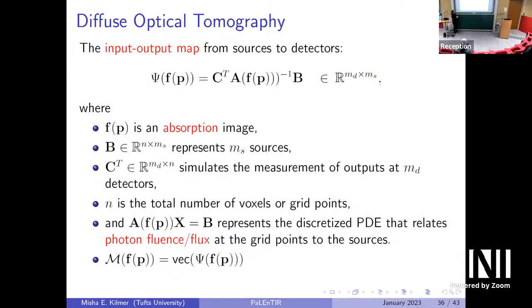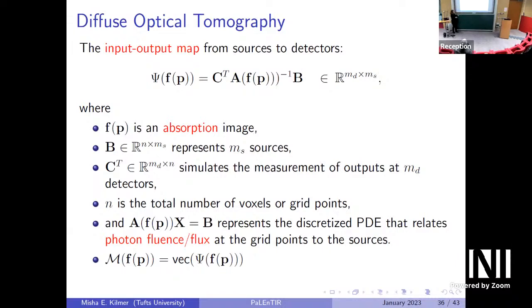So here, the way that we collect data is through this input-output map. And this operator A of F of P is really the discretized diffusion operator, given the assumption that this image gives you the absorption. So the values on the diagonal depend on the parameters. B is basically a tall skinny matrix with ones and zeros.